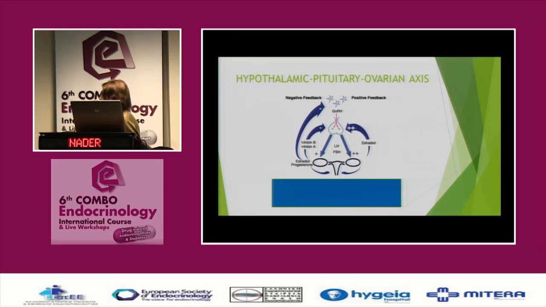And the two important hormones, estradiol and progesterone, are produced in the ovary. And there's both a negative feedback as well as a positive feedback of the hormones on the hypothalamic pituitary axis.